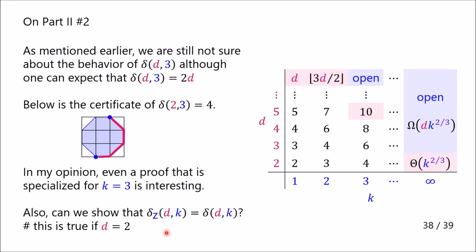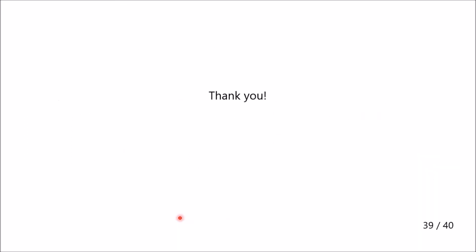Also, here's a question by Antoine: can we show that delta zdk is equal to delta dk for all d and k? Indeed, for all pairs of d and k where we know the exact values of delta dk, this equality holds. Okay, that's all for my talk. Thank you.